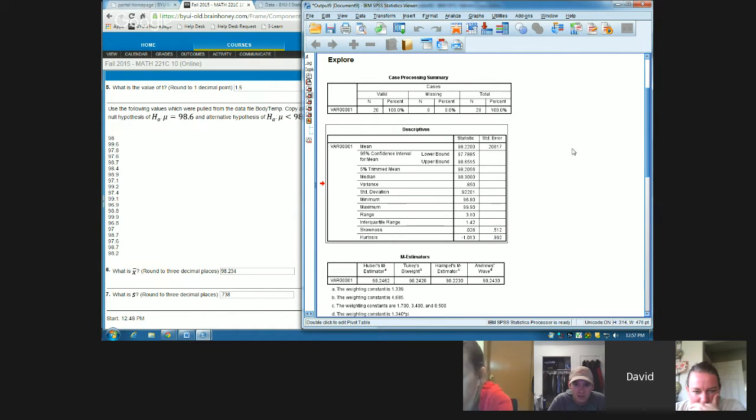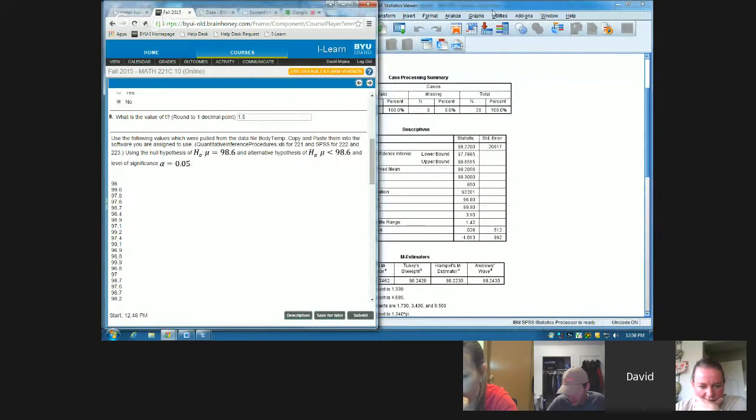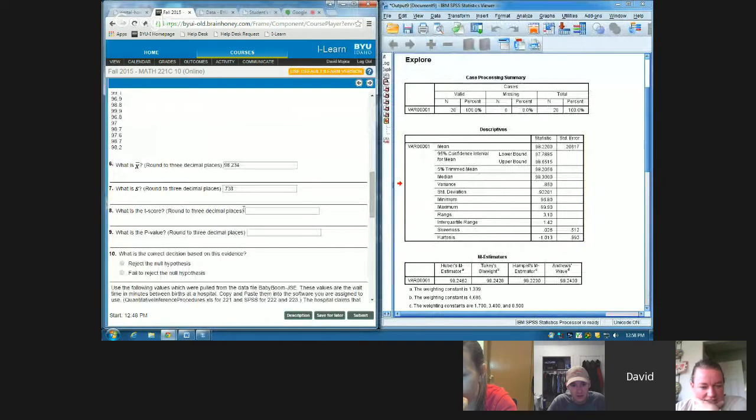So the mean is just slightly changed to 98.22, and then the standard deviation is 0.92201, and that's the 20 numbers that I plugged in. So then that's the sample standard deviation, so that's S. So we changed those, huh? Good thing you caught that. Yeah, good job, Amy.